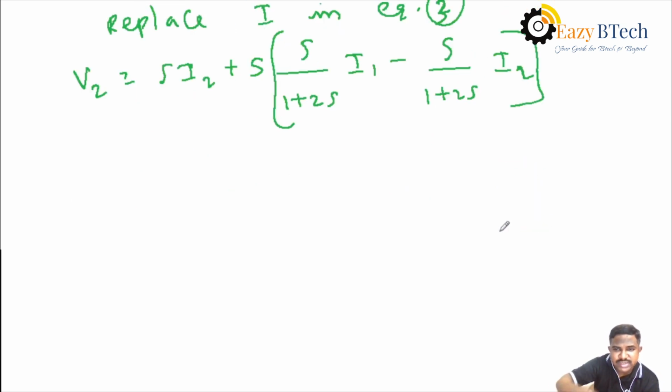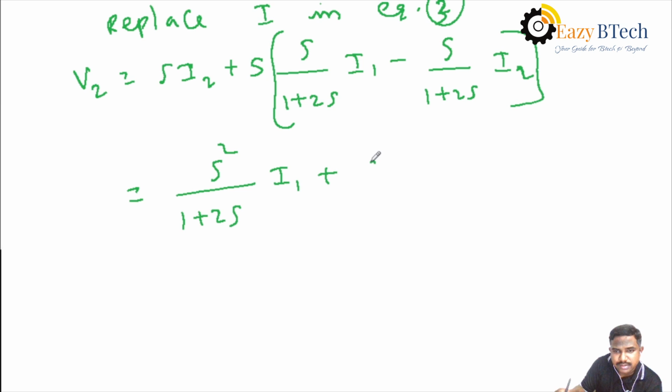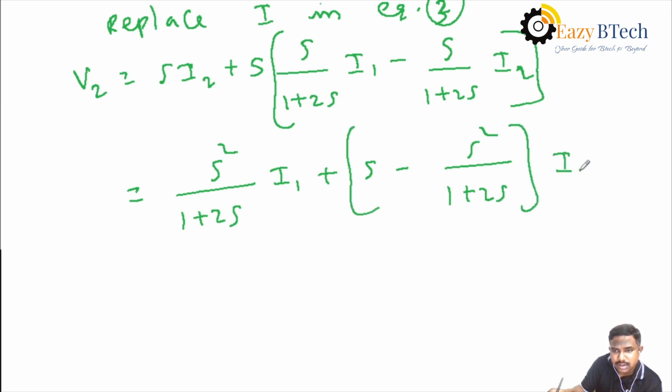Then we have to simplify the equation. The I1 coefficient is S square by 1 plus 2S into I1, and taking I2 common, the coefficient is S minus S square by 1 plus 2S. So this is the coefficient of I2 after taking I2 common: first value S, second value minus S square by 1 plus 2S.